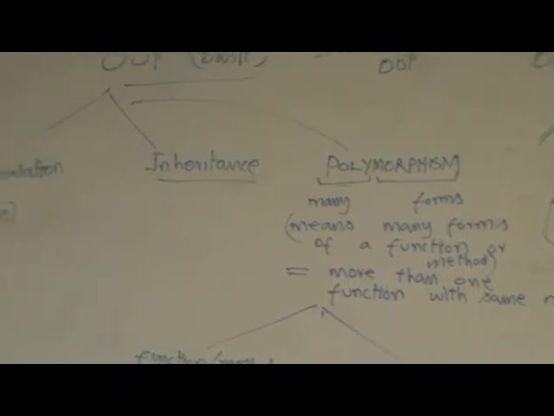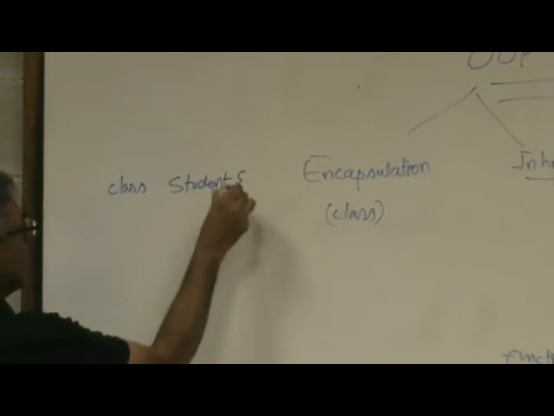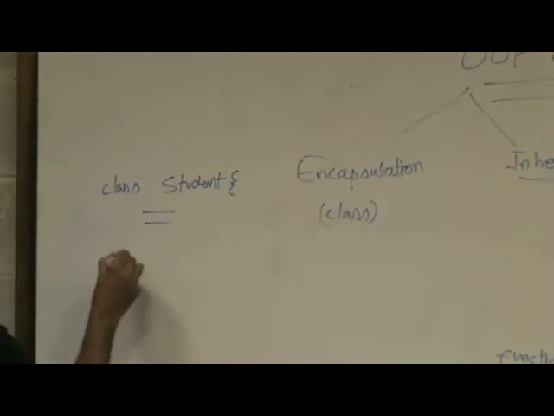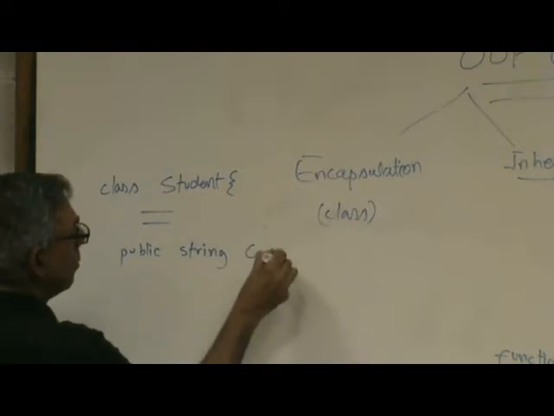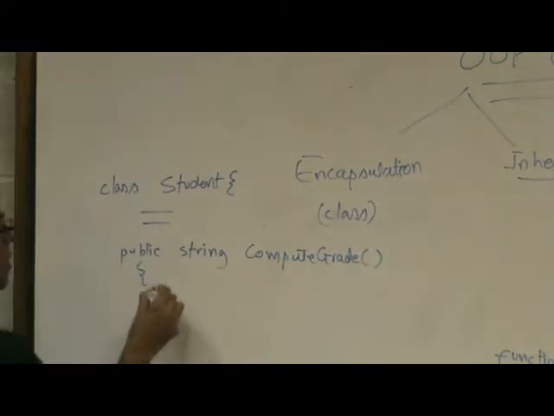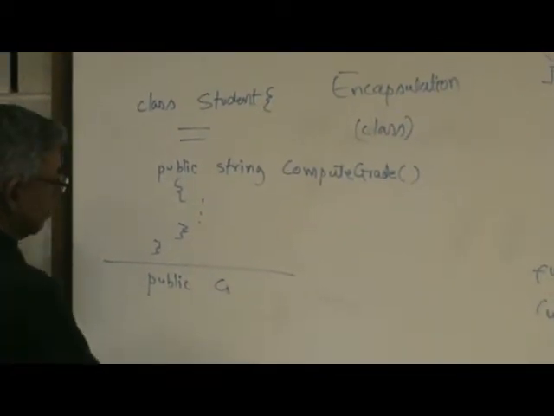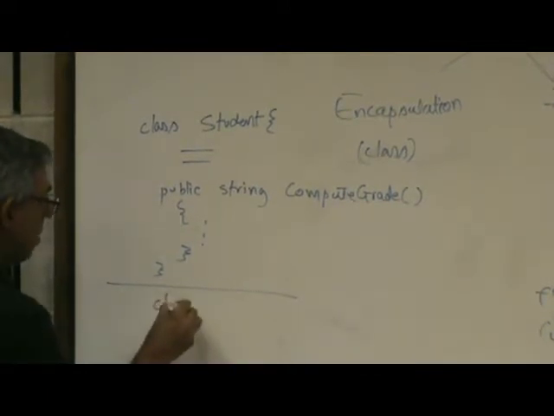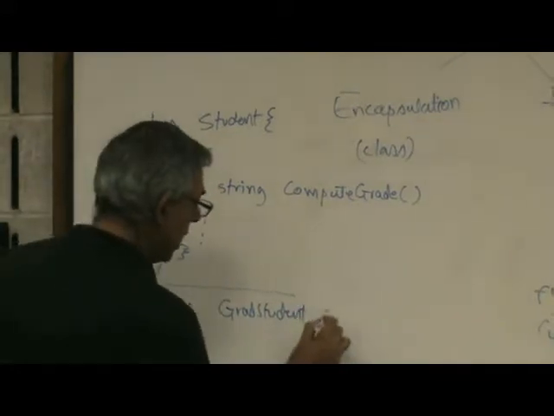The overriding would be, again, you created some class called student, let's say, and whatever data you had, you did public string computeGrade, for example, that you guys already did, and whatever the code is. Now we go create another class, not public, class GradStudent.